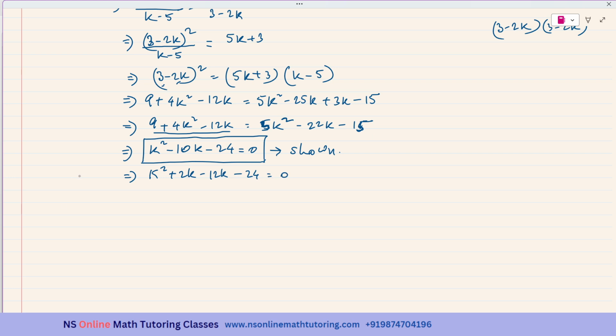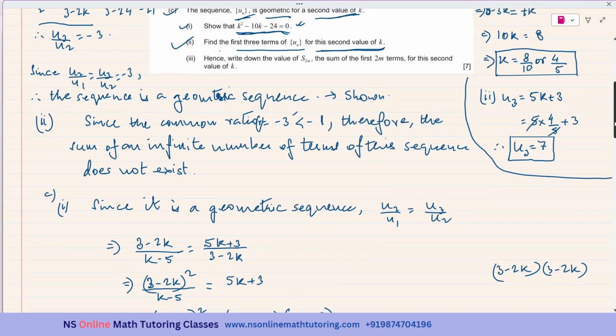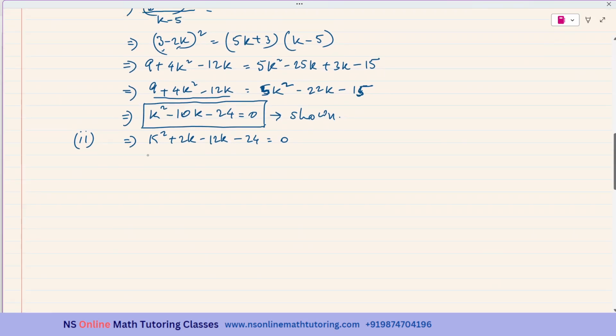Yes, this one is II. So k, k plus 2 and minus 12, k plus 2 equal to 0. So this is k minus 12 and k plus 2 equal to 0.